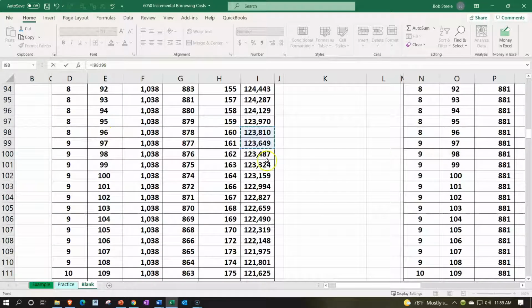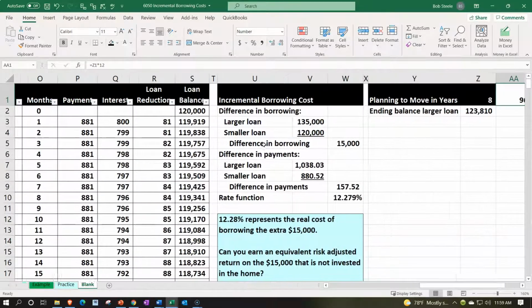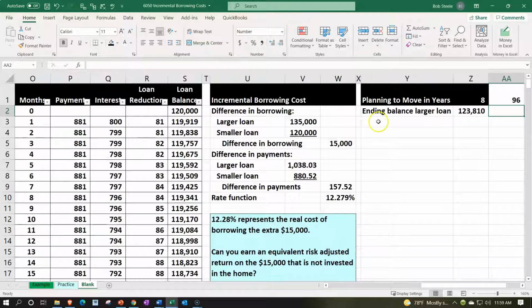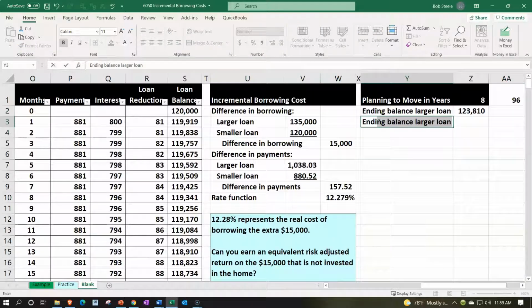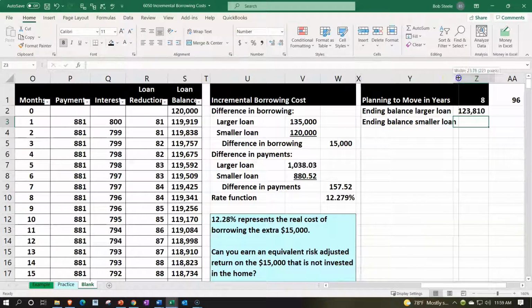We're going to say 123,810. Is that right? Yeah, 123,810. And then we have the ending balance here. This is going to be ending balance for the smaller loan, making this a little bit larger.